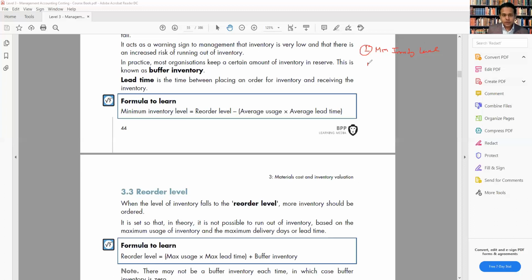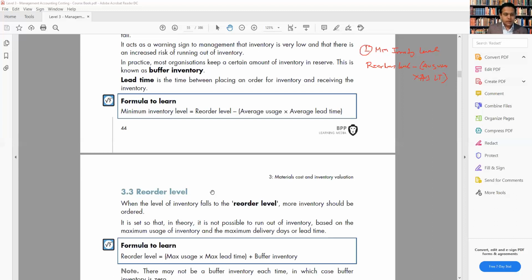So the formula here is: reorder level minus average usage times average lead time. This is the formula: reorder level minus average usage times average lead time.